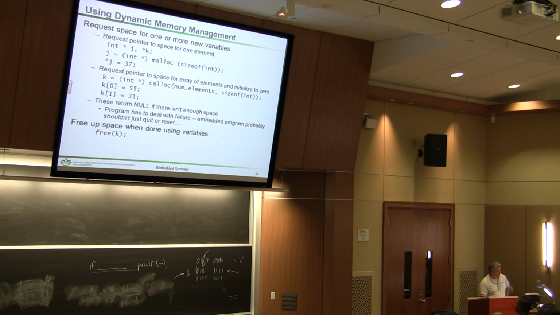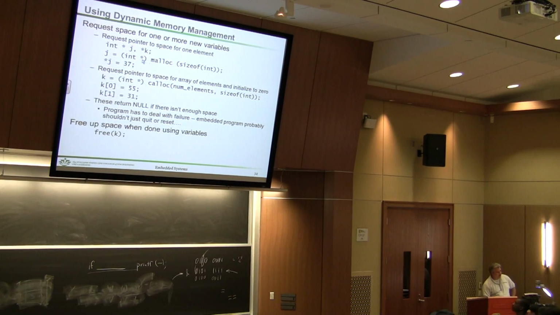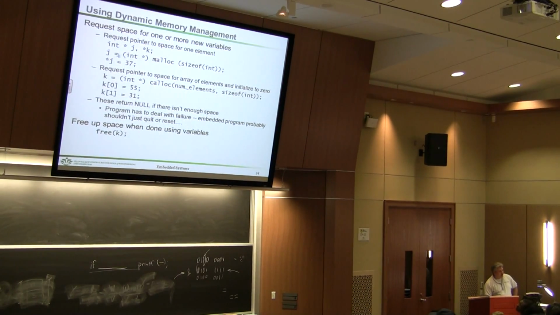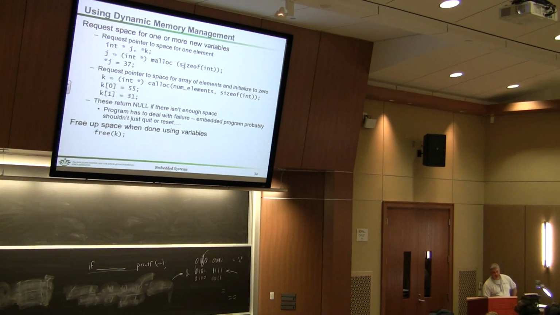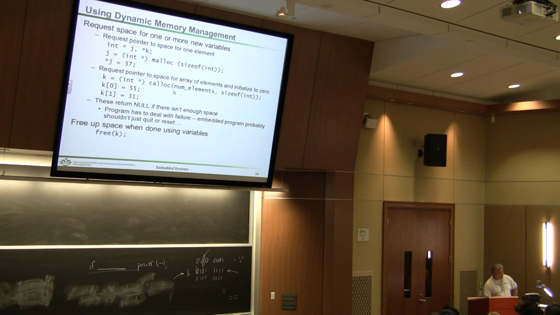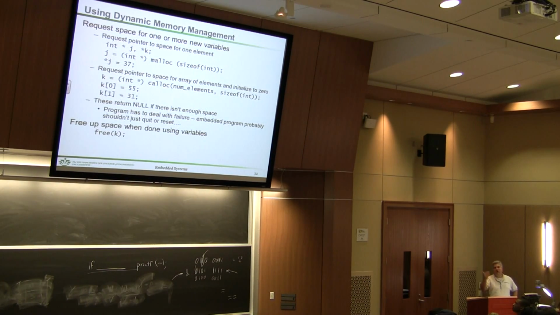So in this case, we will identify a single element, and J is a pointer. So at this point, it'll just point to a single memory location. But in this case, whoa, we get to allocate a whole bunch of things. So if num elements is the value of 100, or 200, as I said in my example earlier, then we have 200 locations to store all the integers we might use.